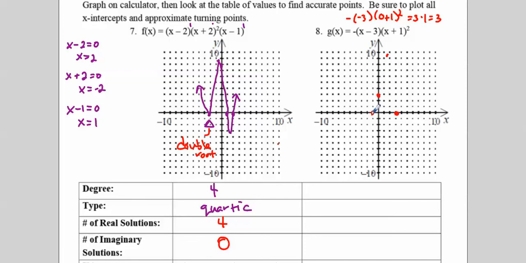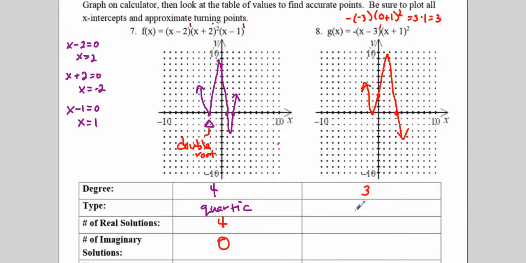Alright, so here I had a bounce. And then here I go through the y-intercept, and then I keep going up to the turning point. And then I go back down through my other x-intercept, like that. Okay, for the degree, this first factor only has an exponent of 1, and the second factor has an exponent of 2, so you add those up and you get a degree of 3.